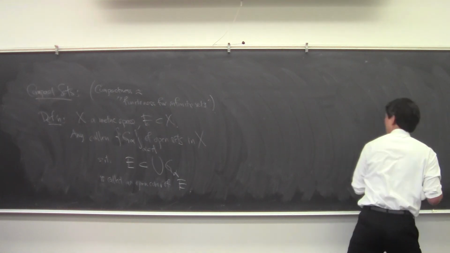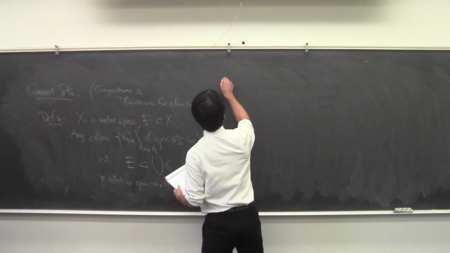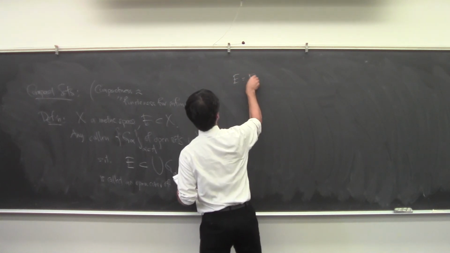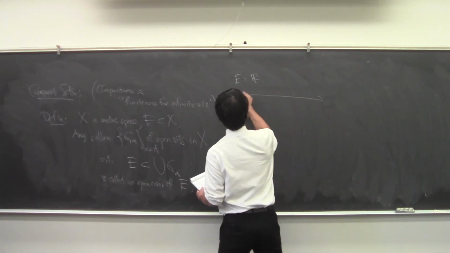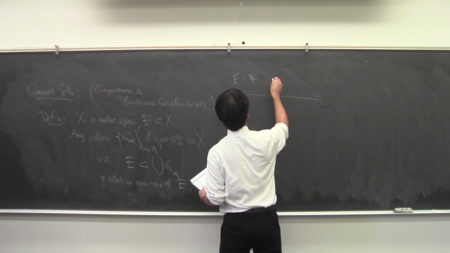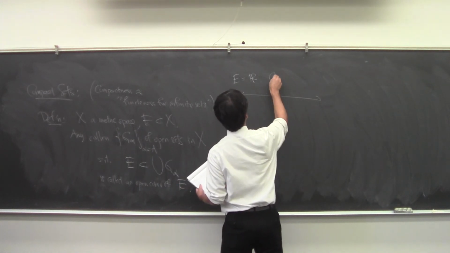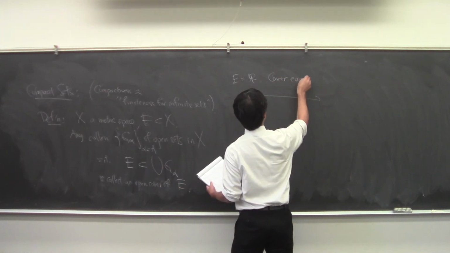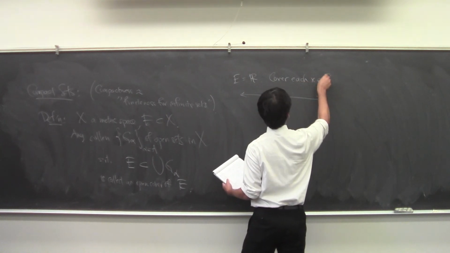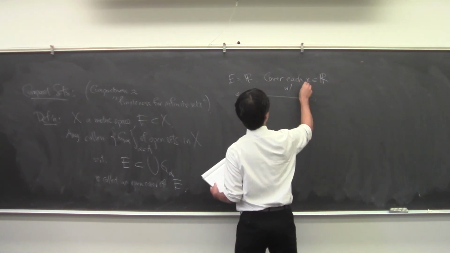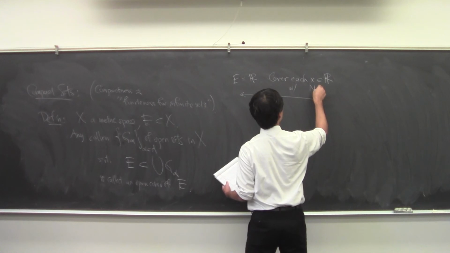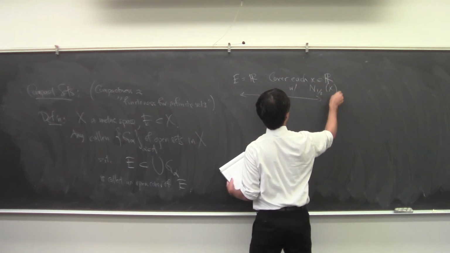So to just give one example, if I have E being the real line, and I cover every point in the real line with some radius 1/2 neighborhood.